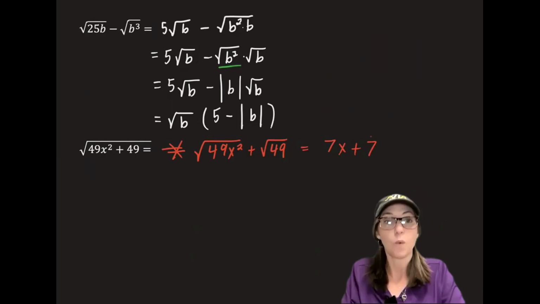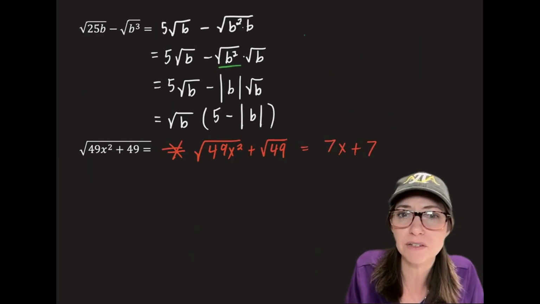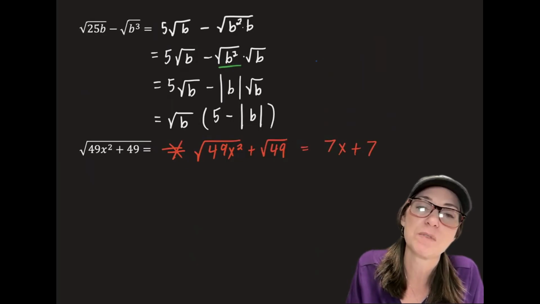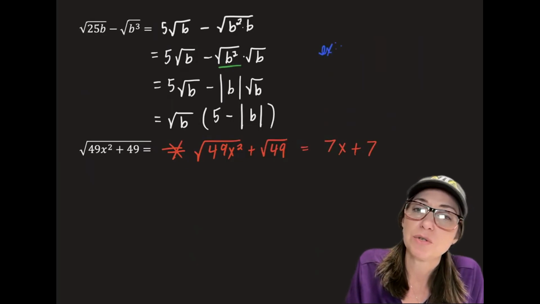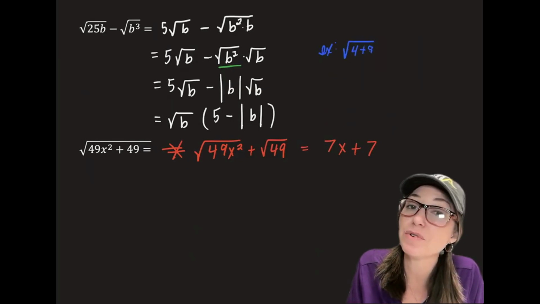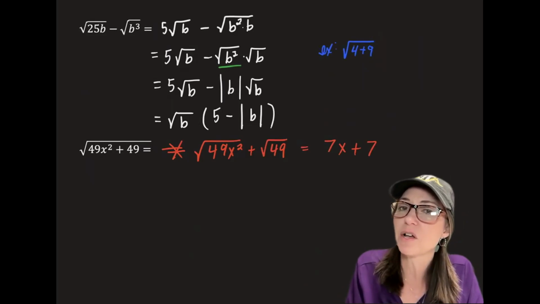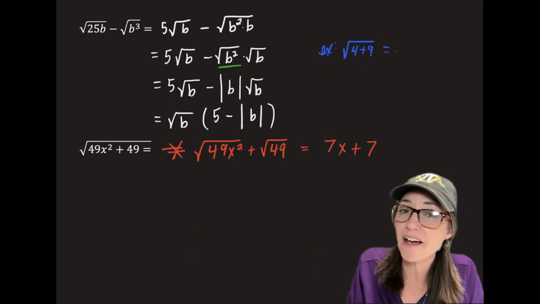Okay. So why can we not split the square root up over a sum? Let's look at some numbers real quick. Let's just do square root of 4 plus 9. I'm going to do numbers because that makes the point, right? So hopefully you know order of operations. The correct way to simplify that is to add the 2 numbers and you get square root of 13.